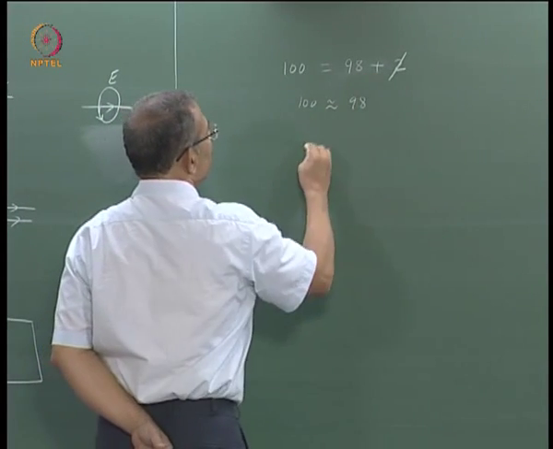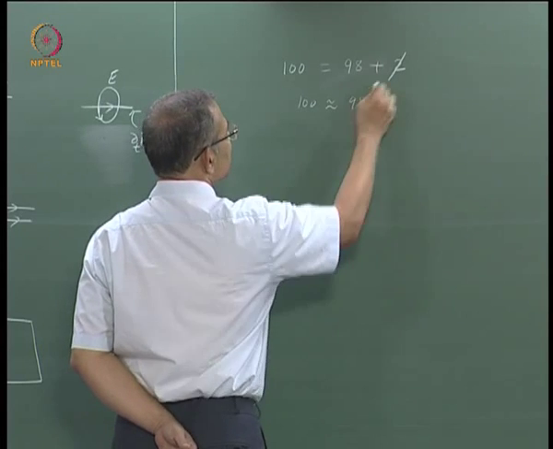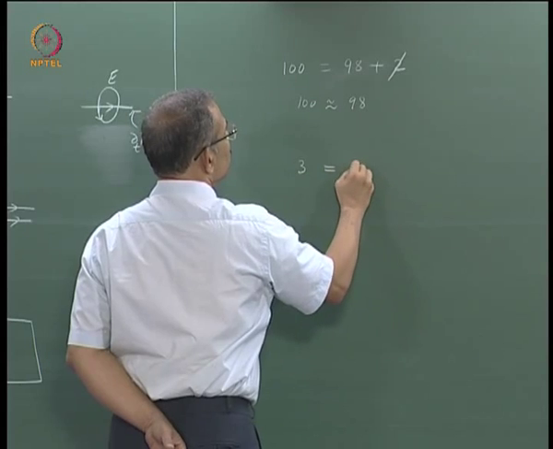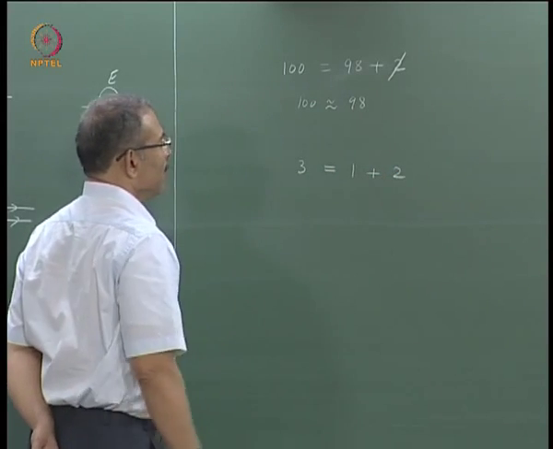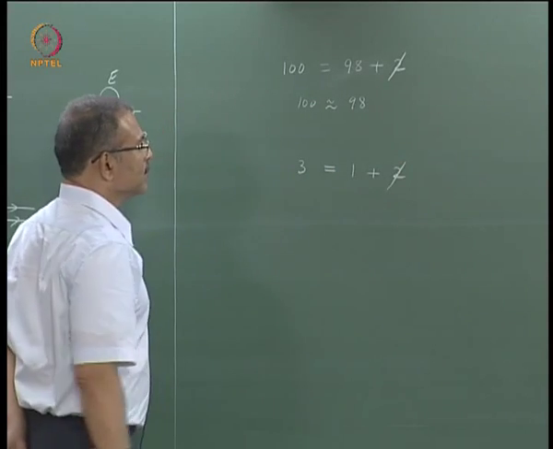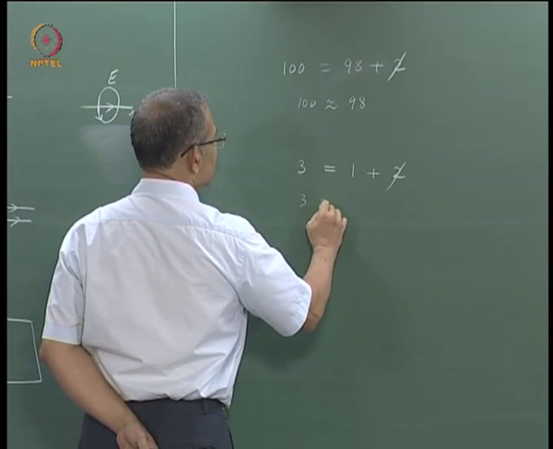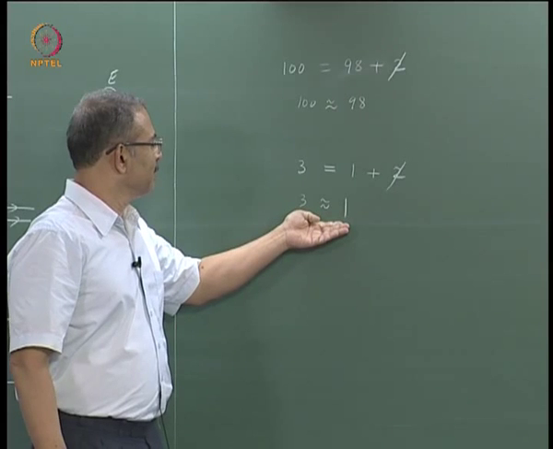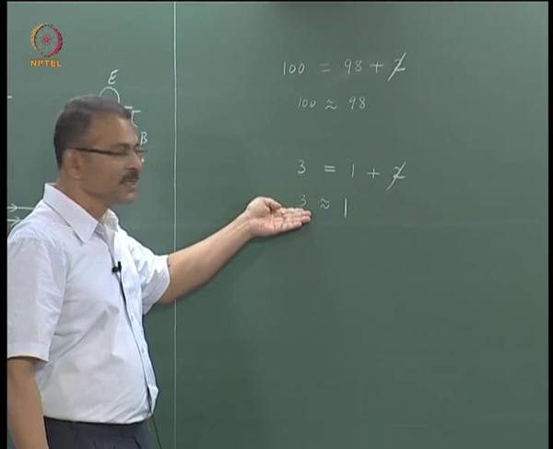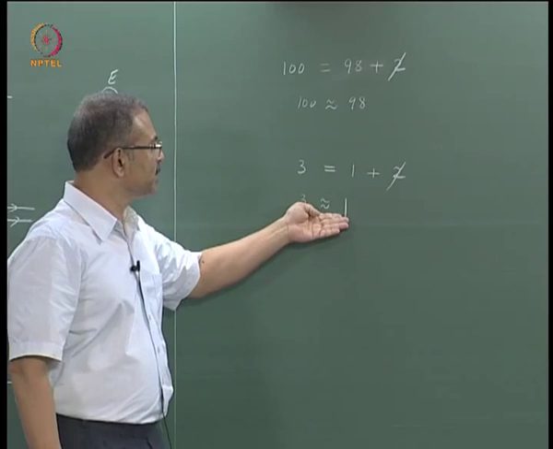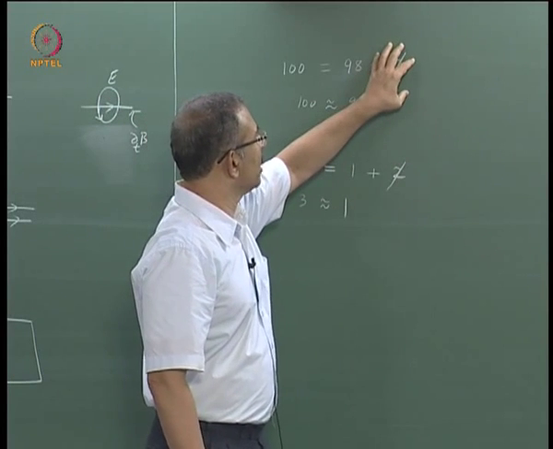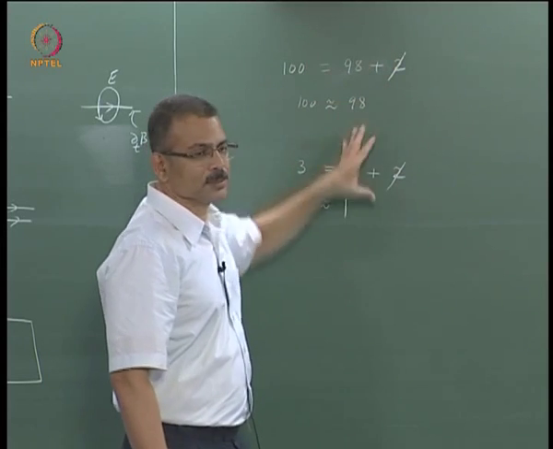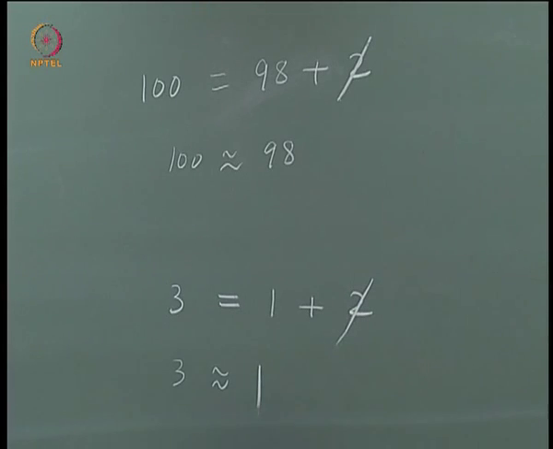On the other hand, if I take an equation in which the same 2 appears, say something like this: 3 equal to 1 plus 2. Now if I neglect 2, I would end up saying 3 is approximately equal to 1. This is evidently grossly inaccurate, because 1 is 1/3 of 3. So we cannot make the approximation here. Whether to neglect 2 or not depends on the equation in which this quantity appears, that is, on the other terms. So this point should be borne in mind.